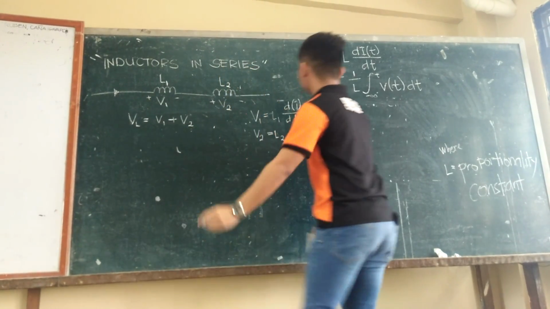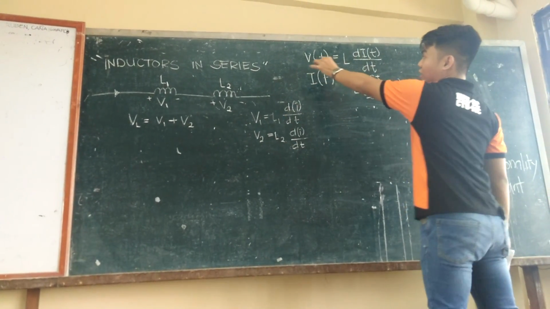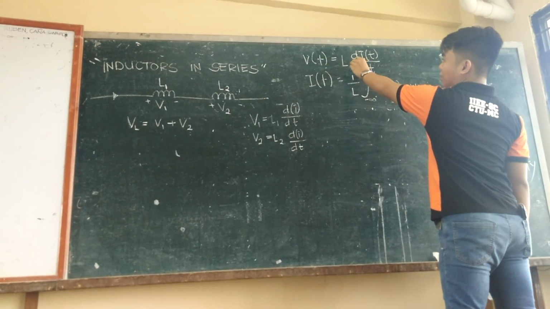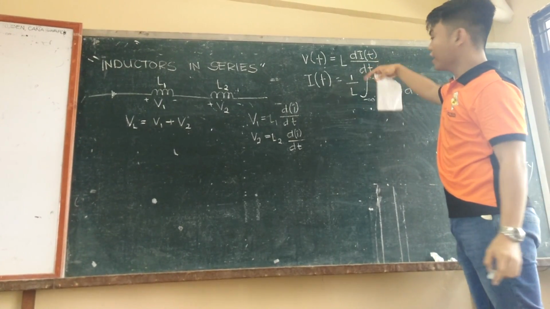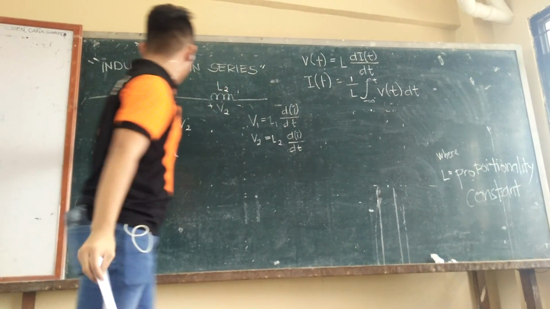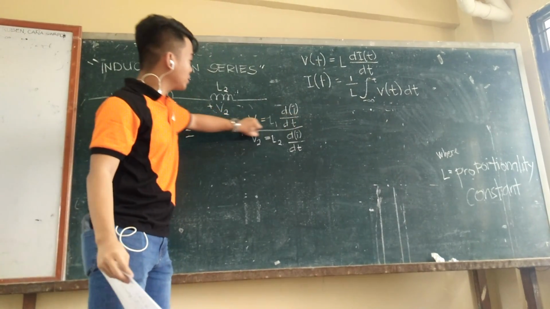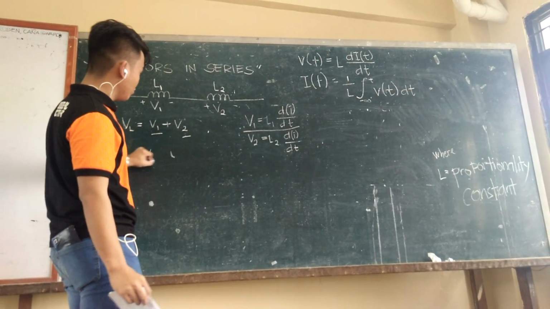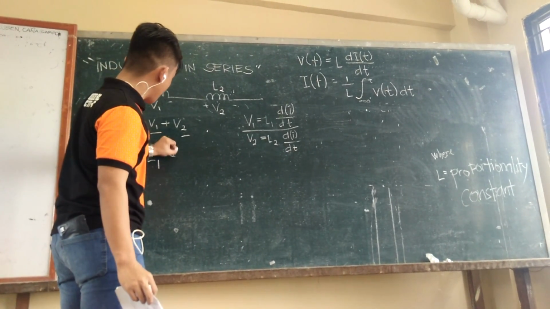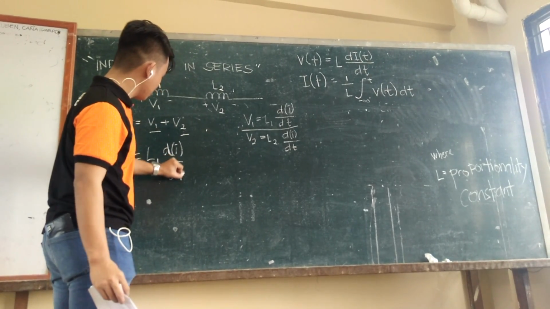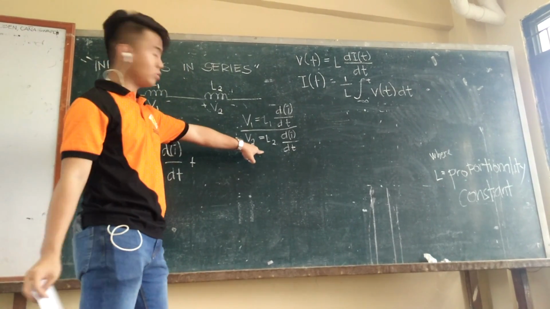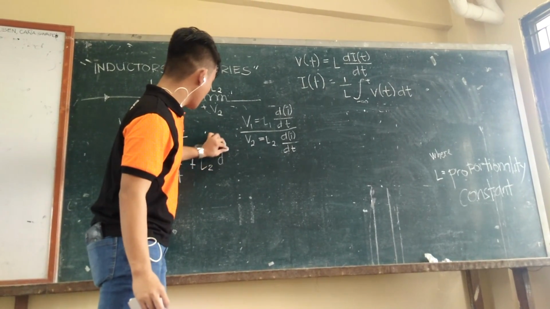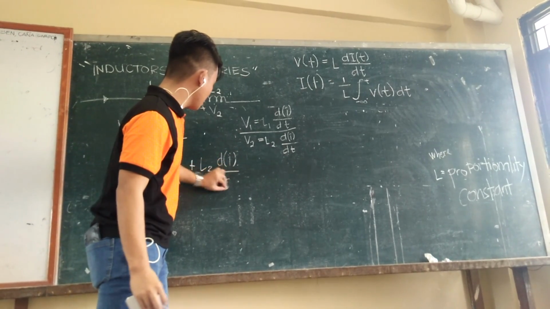By substituting the voltage in the inductor, v(t) is equal to L times di over dt, V1 becomes L1 times di over dt, plus V2 equals L2 times di over dt.